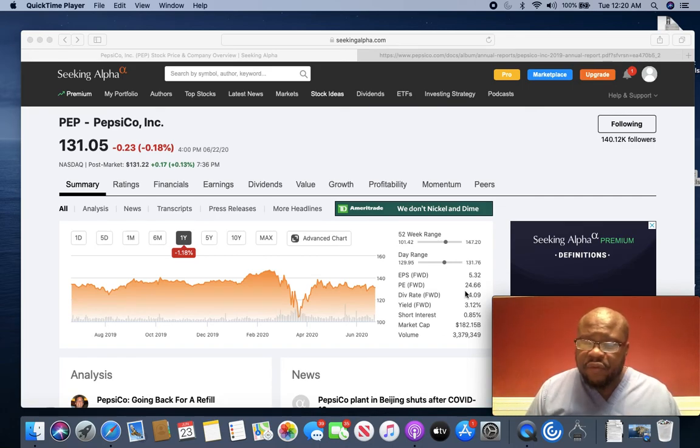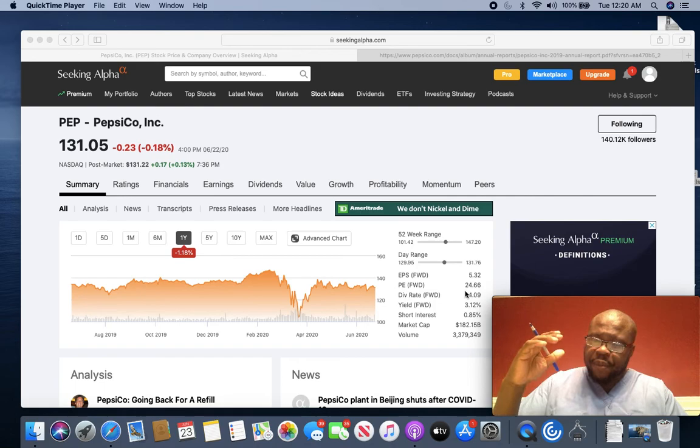The more expensive share is valued much higher. Likewise, if the PE ratio is 5, you're only paying $5 for every $1 the company earns. Just remember, again, it's a ratio.